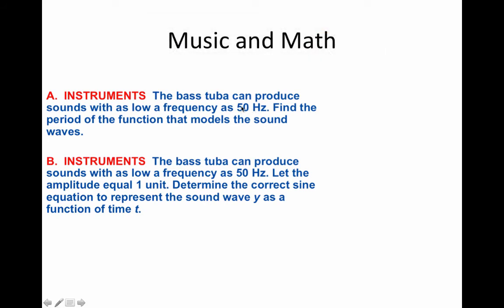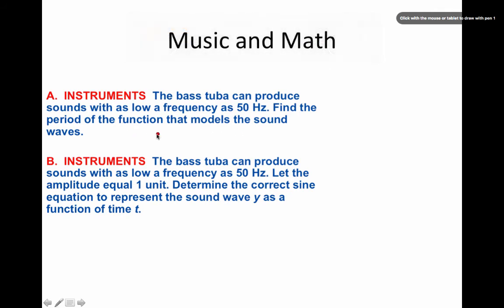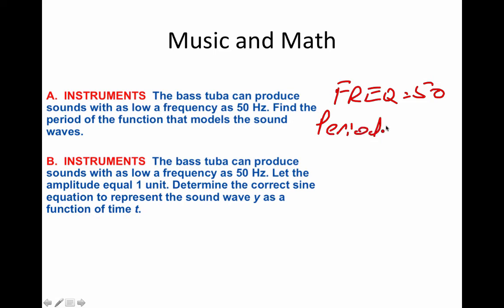Same idea. We've got to find the period of the function that models 50 hertz. Well, if the frequency is 50, then the period is 1/50th. Write an equation, let the amplitude be 1, write the sine curve.